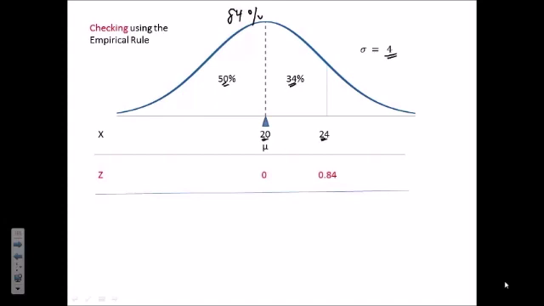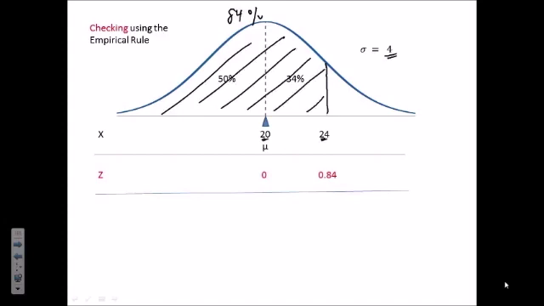So therefore, the area below 24 would be 84%. Now we calculated a number here of 23.4, and what does the area below 23.4 look like?